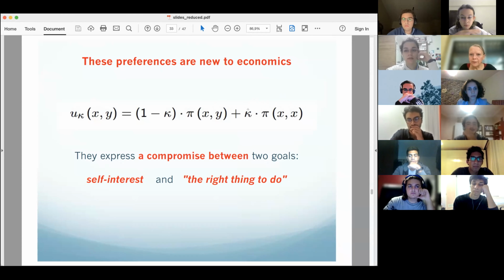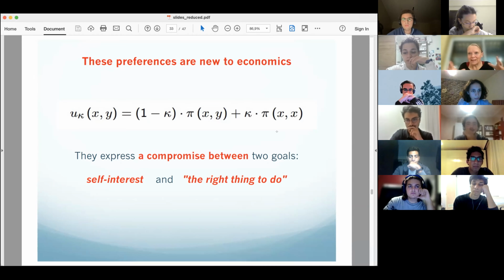So that would be kappa equal to 1, the pure Kantian. But indeed, this utility function allows us to look at intermediate degrees of such morality, where the individual trades off these two goals.